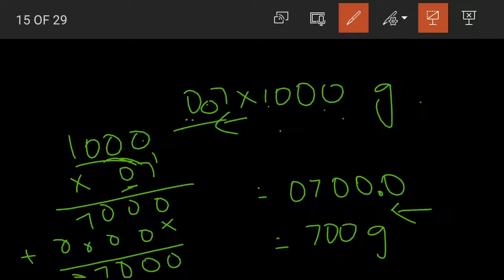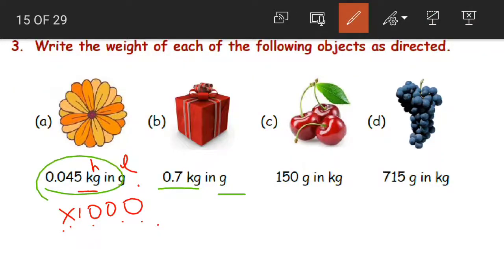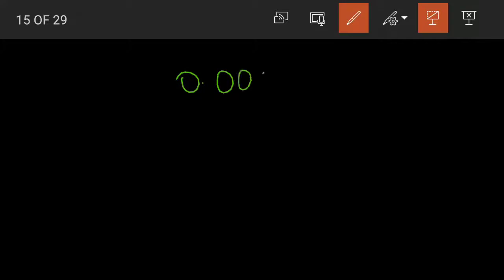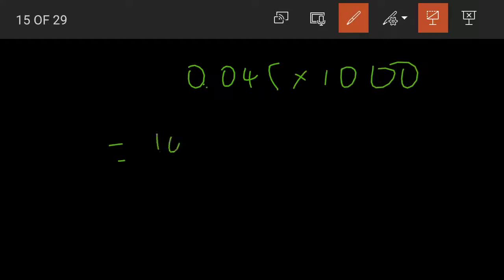Do you remember how to multiply decimal numbers? First multiply the numbers as it is and then in the product place your decimal point. Even for 0.045 into 1000, that is nothing but 1000 into 45.